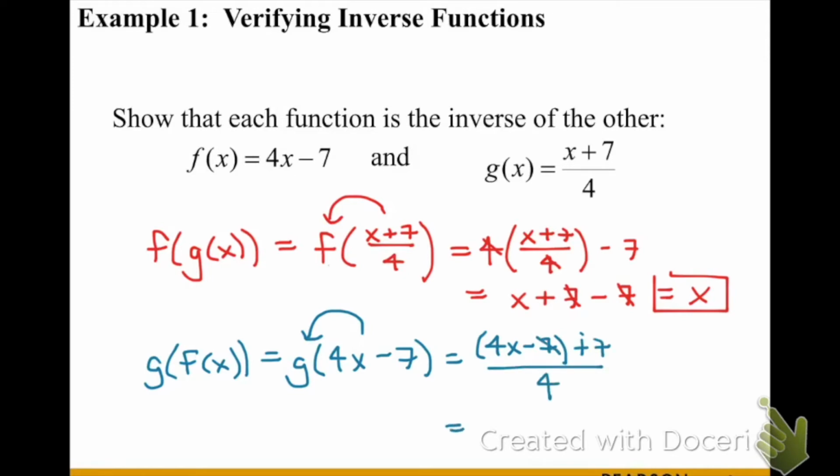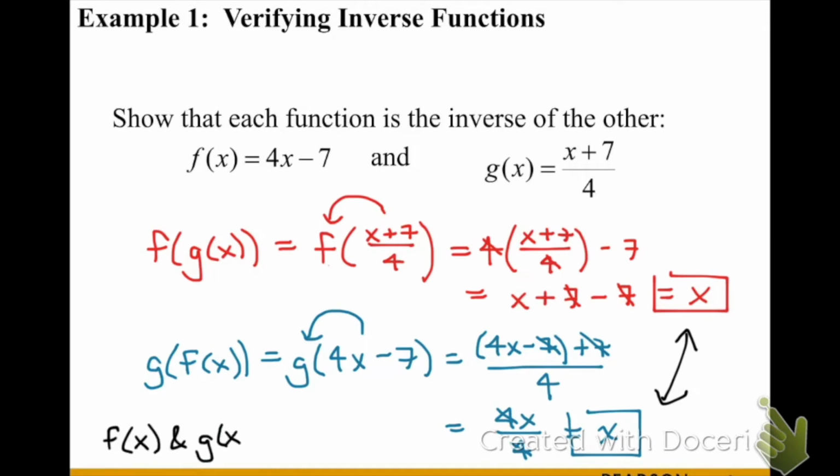The adding 7 and subtracting 7 cancel each other out, leaving us with 4x divided by 4, which also cancel out, leaving us with x. Thus, since both compositions equal just x, f and g are inverses of each other. Notice that f of x has the operations of multiplication and subtraction, which are the complete opposites of the operations found in g.